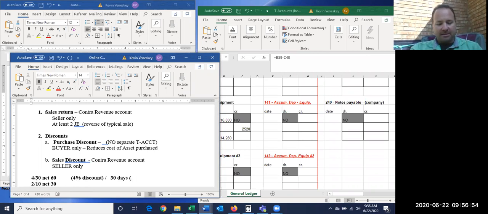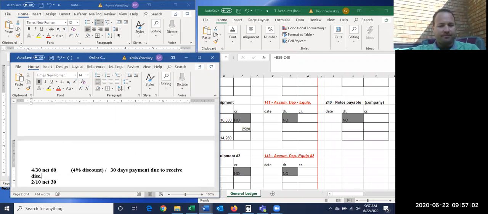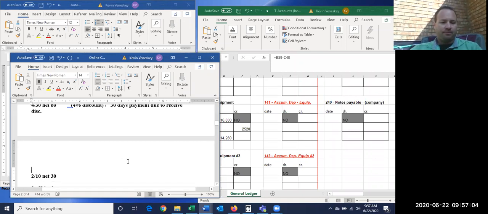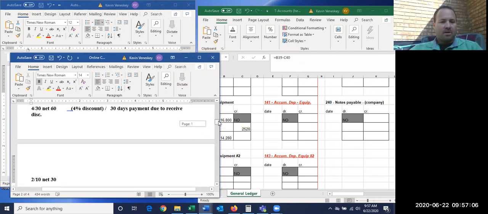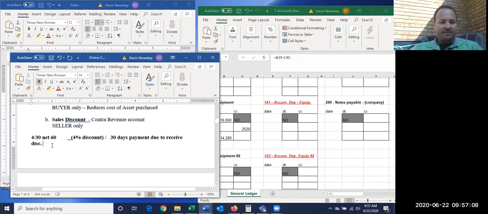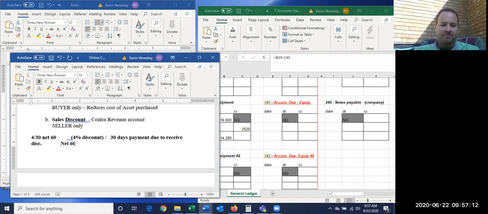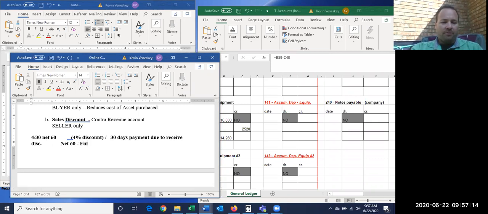30 days payment due to receive discount. And then the net 60. The net 60 simply means that the full bill, full total, is due in 60 days.